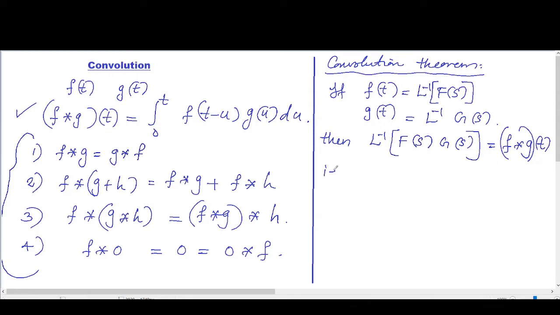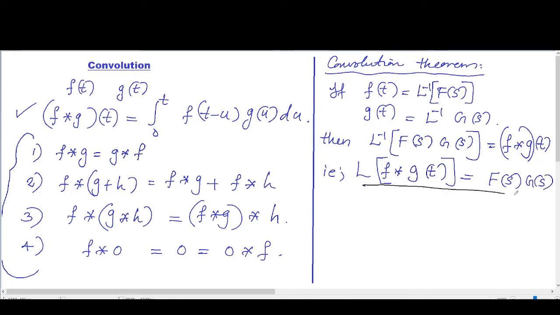That is, L of (f * g)(t) is equal to F(s) into G(s). Now, this is known as the convolution theorem.